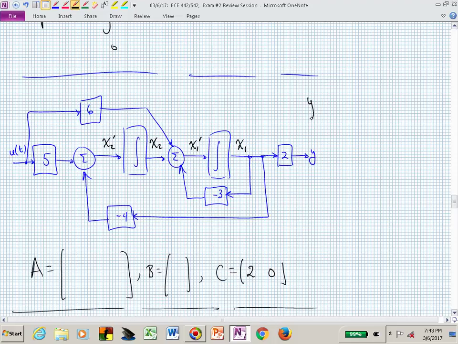Where y is supposed to be C times x1 of t, x sub 2 of t. So that a 1 by 2 output matrix C, when multiplied by the 2 by 1 state vector, will give me a scalar y of t that's just 2 x sub 1 of t.